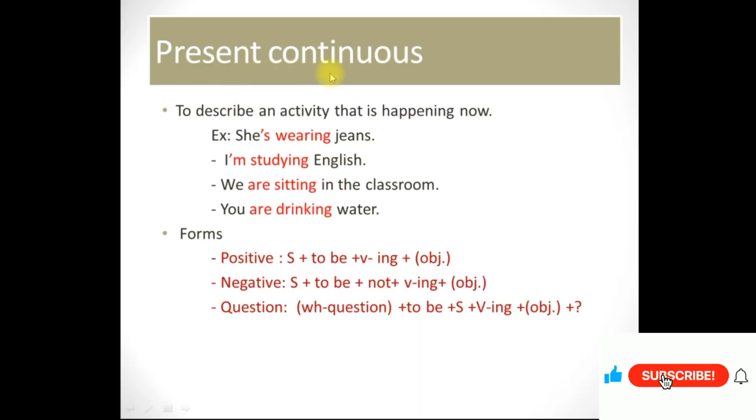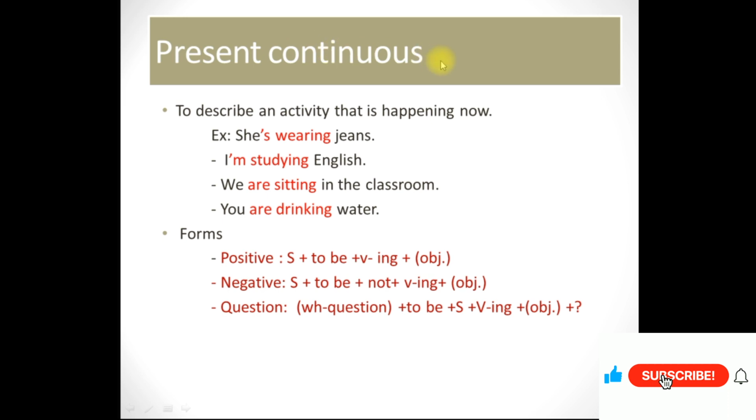Many students confuse present continuous and present simple. Most of the time they use only one tense in their speaking or writing, which is present simple. That's why today I'm going to share how to use present continuous.